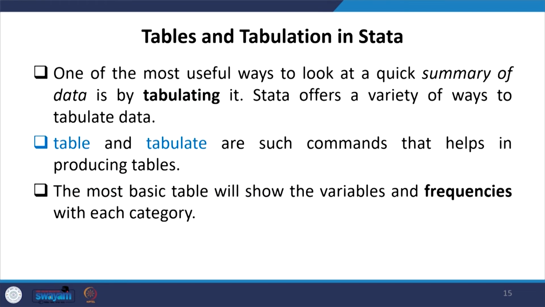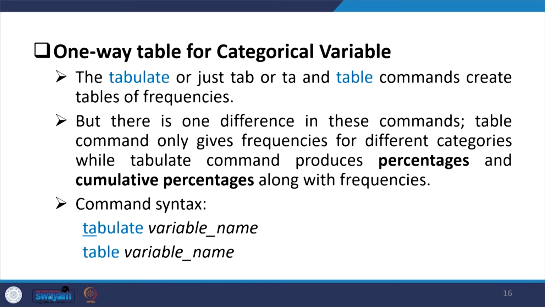Then tables and tabulations in Stata. One of the most useful ways to look at a quick summary of data is by tabulating it. Stata offers a variety of ways to tabulate data. Table and tabulate are such commands that help in producing tables. The most basic table will show the variables and frequencies with each category.